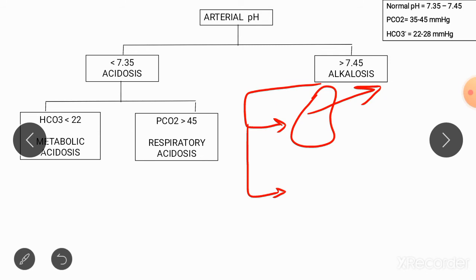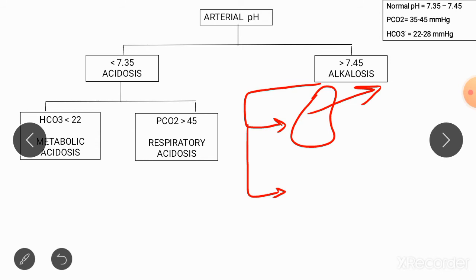And it can be seen in people who are hysterical or having a psychotic breakdown, and such people start to hyperventilate, and when a person hyperventilates, he blows off a lot of carbon dioxide and not enough carbon dioxide is left behind in the blood to make a sufficient amount of carbonic acid to balance out the bicarb ions in your body.